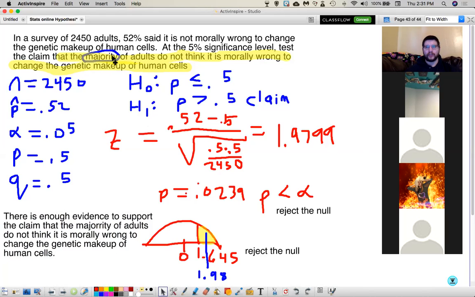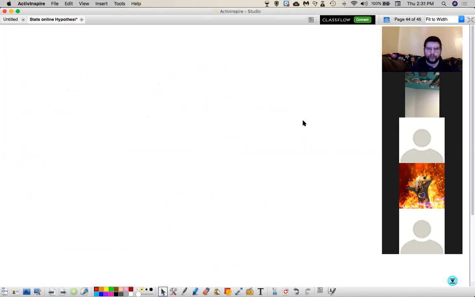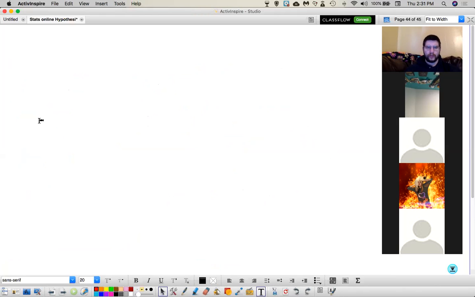Majority tells us greater than, not greater than or equal to, just greater than. That's the alternative. That's the claim. You told me it was greater than. So the null will have equal to, greater than or equal to, or less than or equal to.